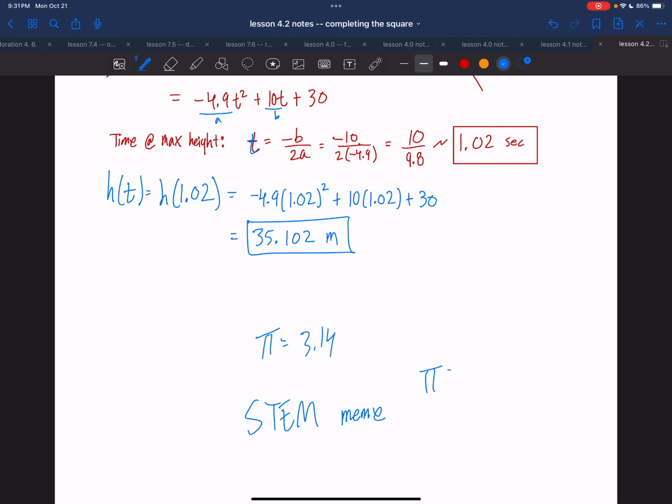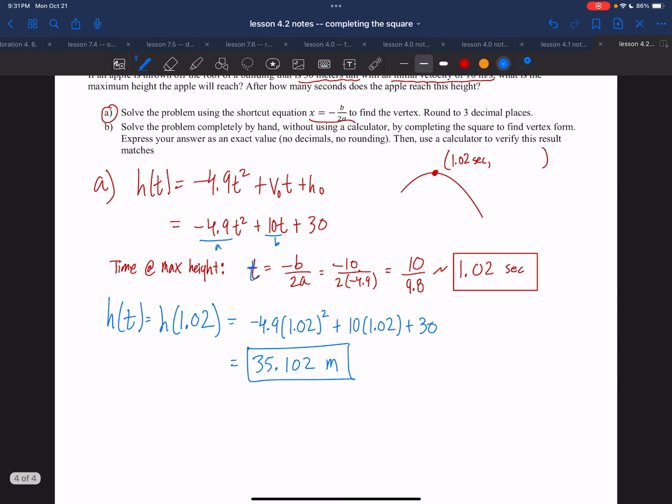Engineers just say pi is 3. Bridges are built off the fact that pi is 3 and not 3.14159265, because engineers say, who cares? It's 3. If you go down the STEM route and become an engineer, that's the little joke that they do.